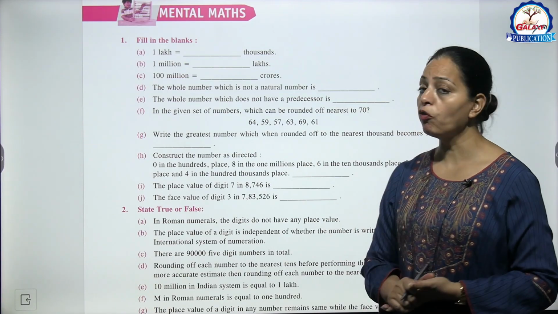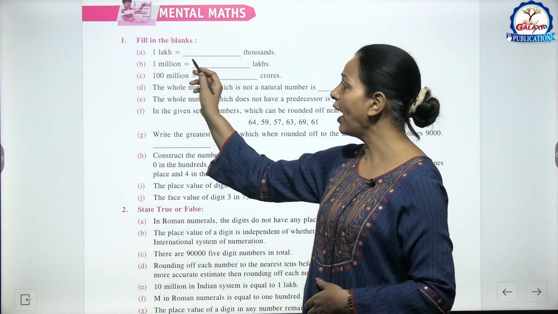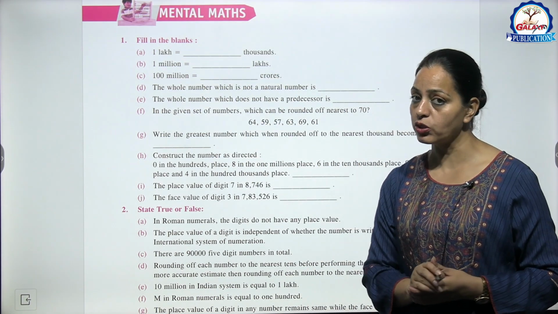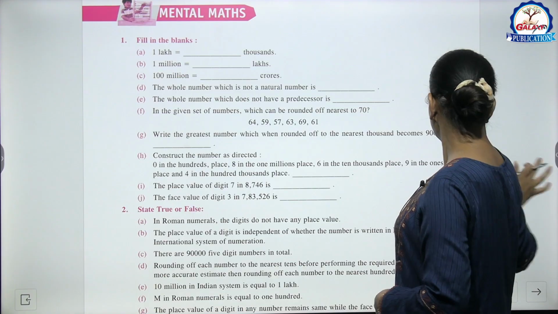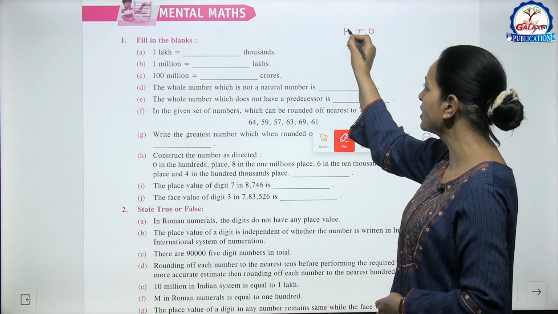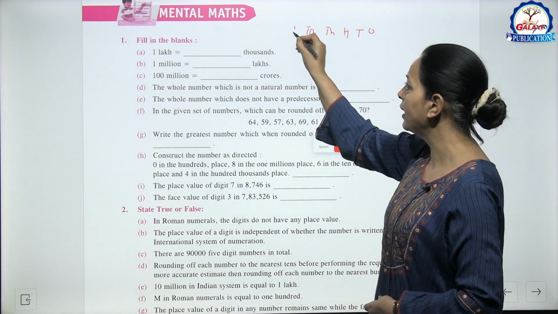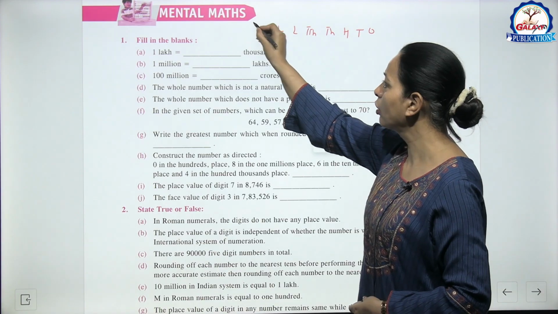Now this is the time of mental maths. Like first question, filling the blanks. A part, 1 lakh equals to dash thousand. So you know ones, tens, 100 in Indian system. Ones, tens, 100, 1,000, 10,000, lakh, 10 lakh, crore.